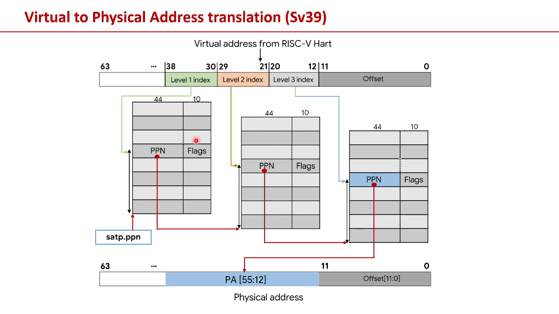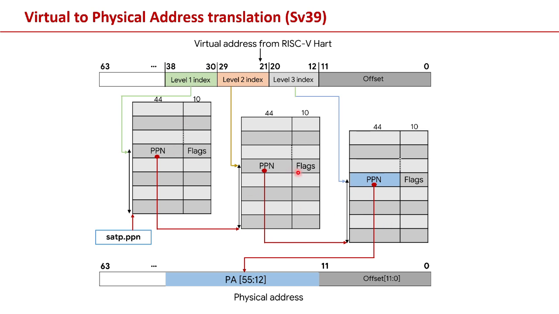As you can see, there are three different levels of the page table that are used to convert the virtual address to the physical address. So there are two types of page table. This page table points to the next level page table. This page table indicates the second level page table, and this second level page table indicates the third level of page table.